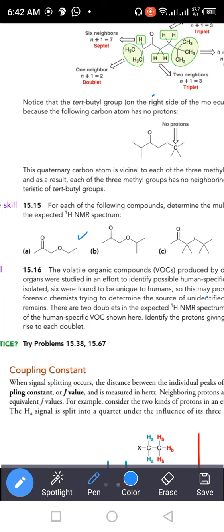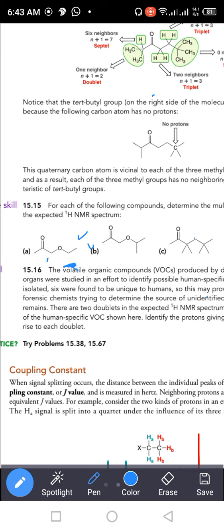So these 3 protons having 2 neighbor protons means the multiplicity of these 3 protons will be a triplet, because the n+1 rule says neighbors are 2 and 2 plus 1, the answer will be triplet. And what about the multiplicity of the 2 protons? These 2 protons have 3 neighbors, so the multiplicity is 4, that means quartet.